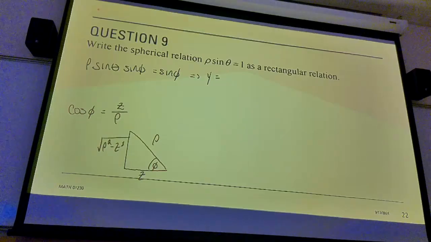We know that phi is between 0 and pi. I think what I'm going to have to do is square both sides to get y squared equals something, for sine to be positive or negative, which means y can be positive or negative.